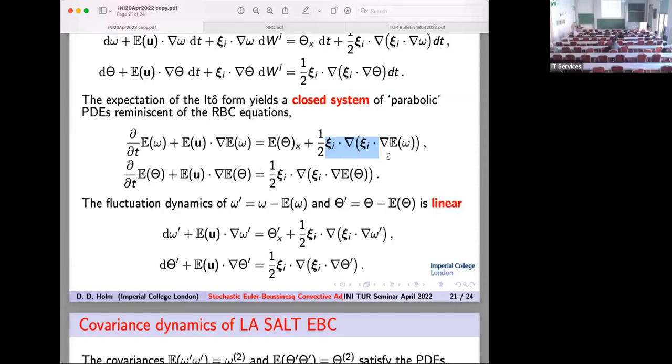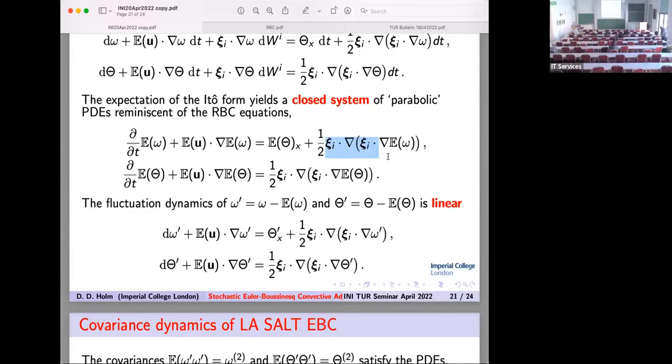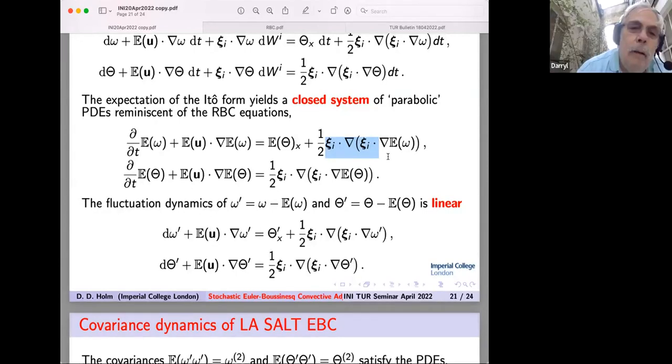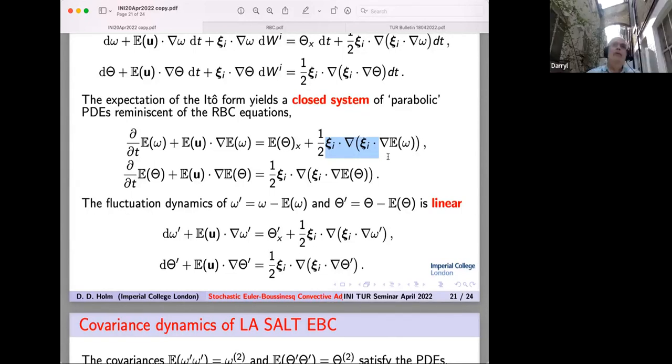I just wondered, coming back to understanding the original framework: since it's based on Euler, you can't have boundary forcing. And perhaps this is a naive question, but the equations that I'm staring at right here for the expectations have this diffusive-like term for which you said you might need some boundary conditions. Can that be a virtue? Does that mean you could somehow treat boundary forcing? Well, here's the thing.